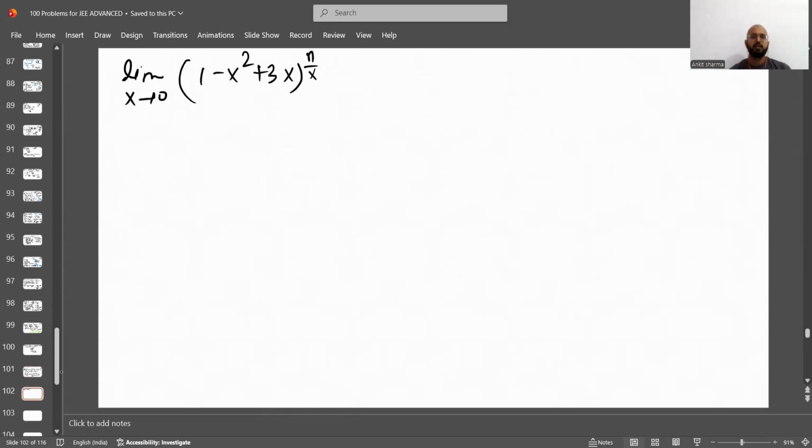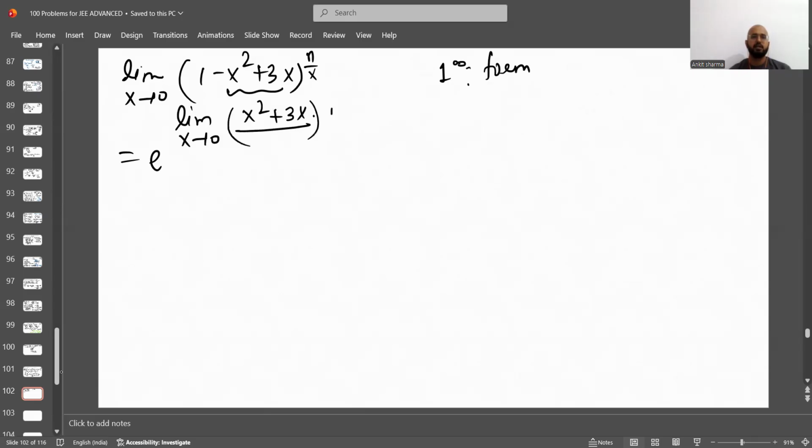And now if I look at the limit, this looks like a 1 to the power infinity form. So for the 1 to the power infinity form, this guy tends to 0. That means we could write e to the power limit x tends to 0, (x square plus 3x) over, this would go to n, and then here x.